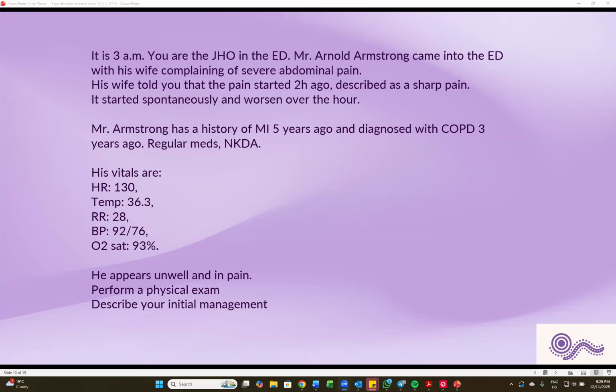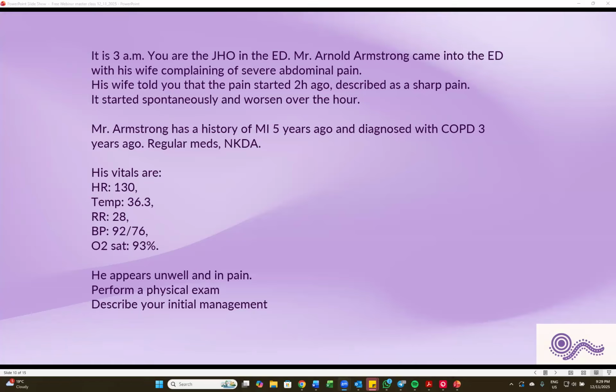I'm doing percussion on all 9 quadrants. I'm looking for any dullness or resonance. Then I would like to do the auscultation. So I'm looking for any bowel sounds, hyperactive, absent or present bowel sounds. I'll check below the umbilicus.